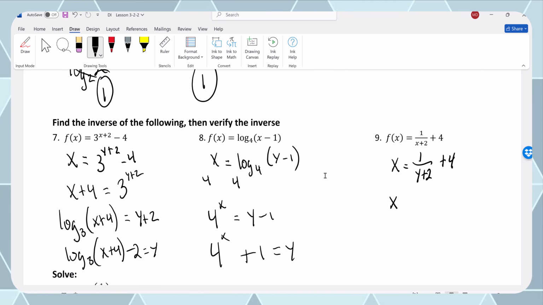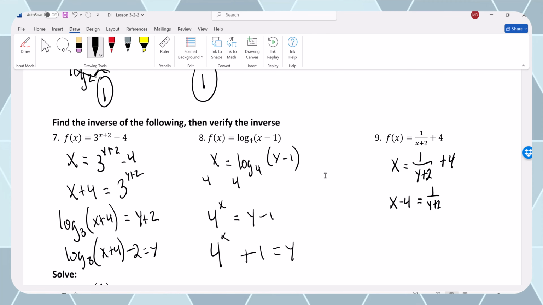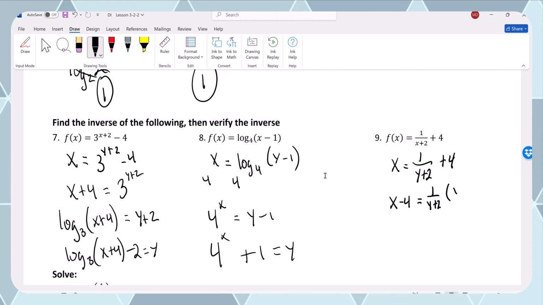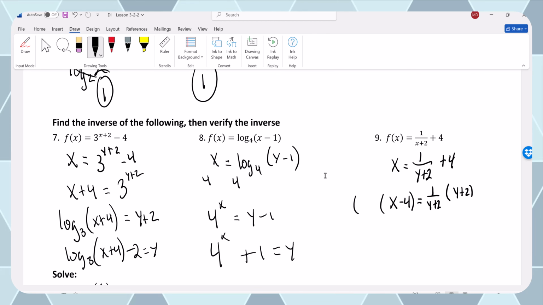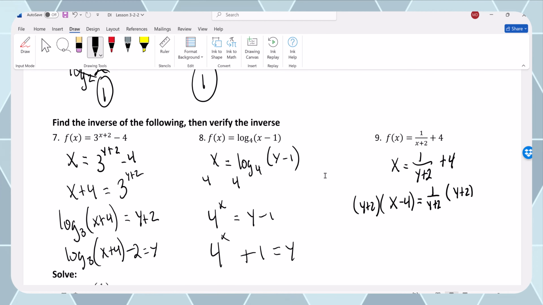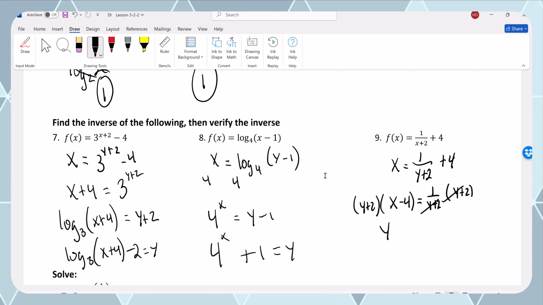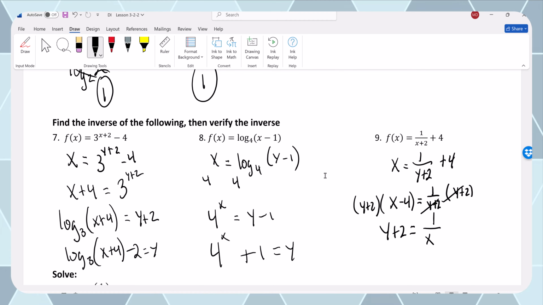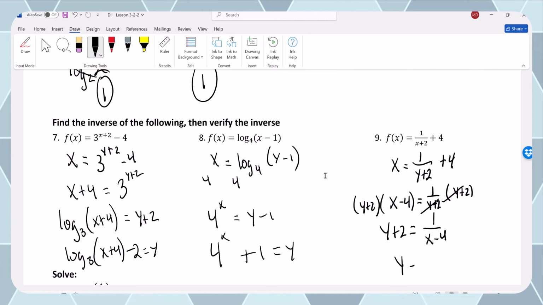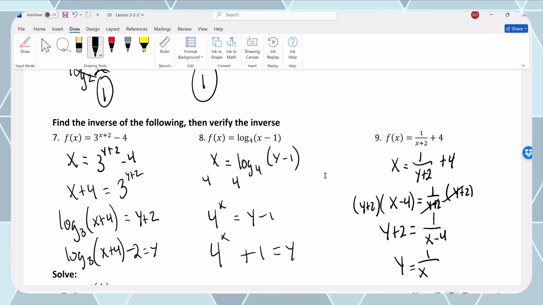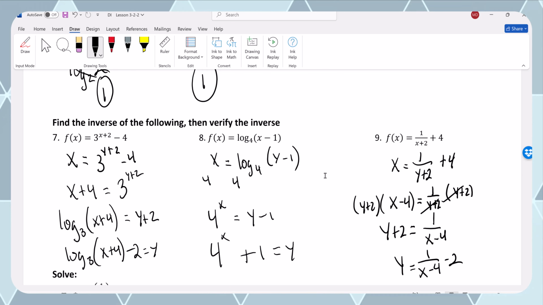Subtract 4. Multiply by that y plus 2 because it's in the denominator. You divide by the x minus 4. And then y equals 1 over x minus 4 minus 2.